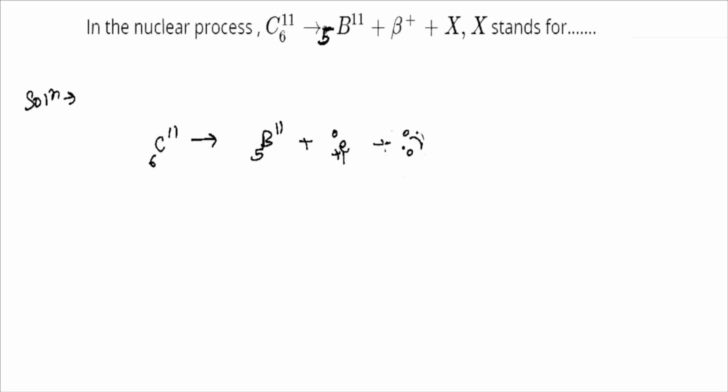So the value which X stands for is neutrino. So we can write X stands for neutrino.